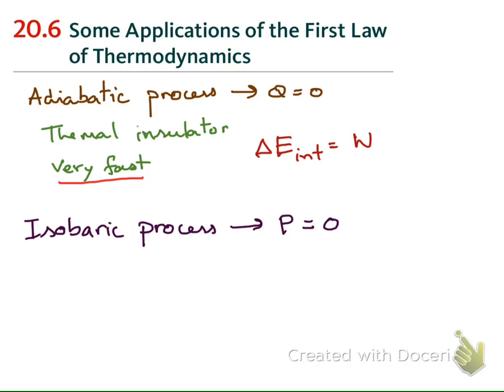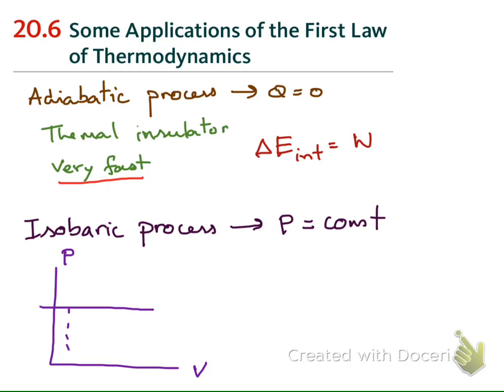So in the isobaric process, P is a constant. If you draw the PV diagram for the isobaric process, you must have a horizontal line like this.